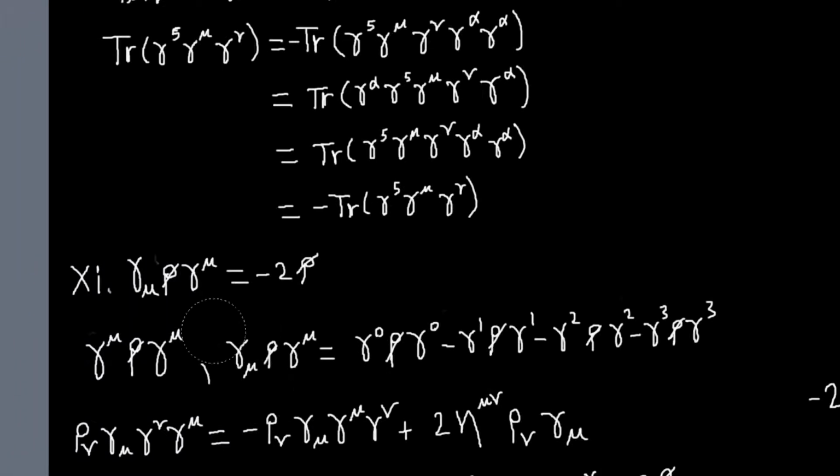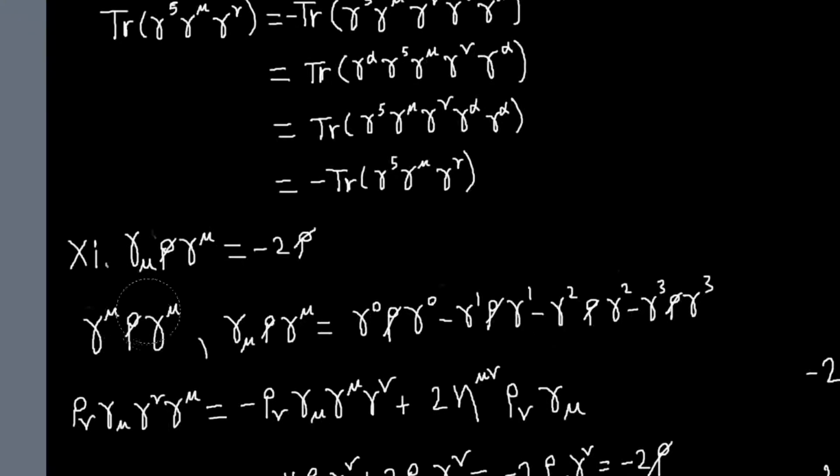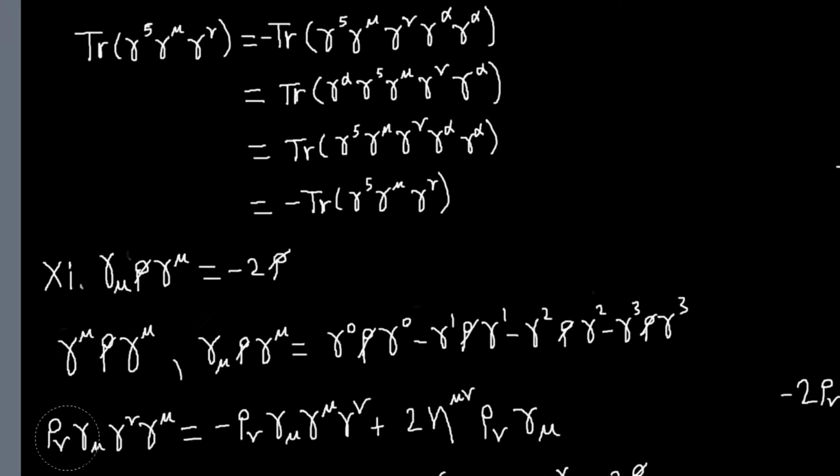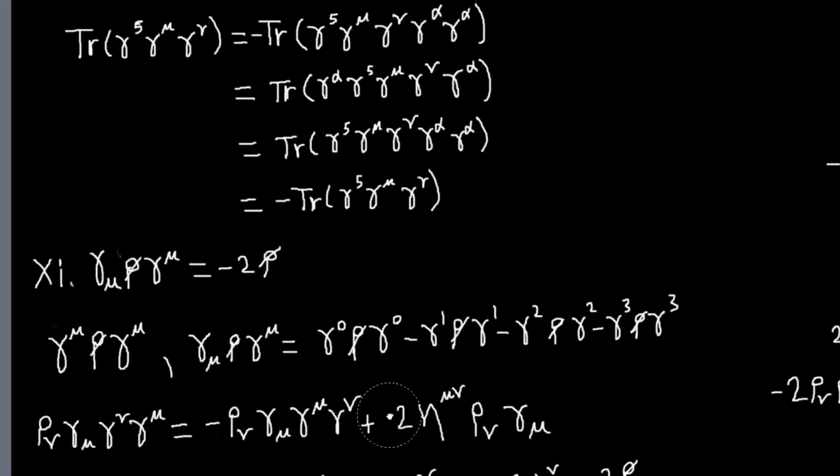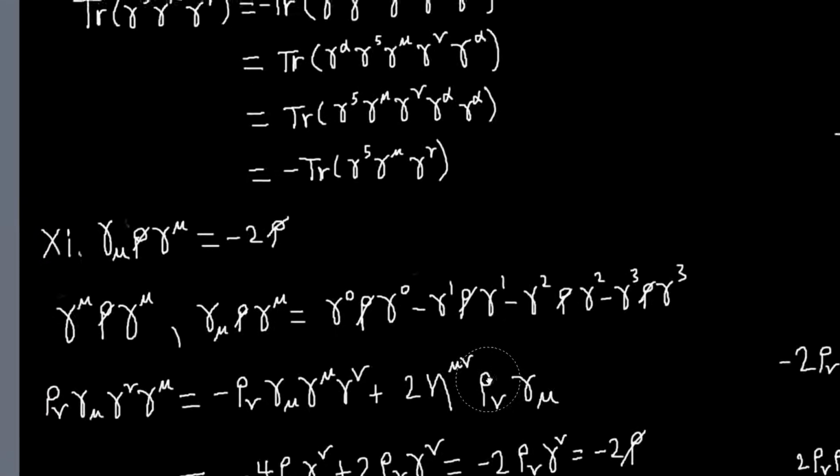Knowing that, we can write out, so I just expand my p slash, that's p nu gamma nu, and then I can bring the p nu over. So I have this thing, and then I just want to anti-commute gamma nu and gamma mu, and that'll give me this, and so I'll end up with these 2 terms.